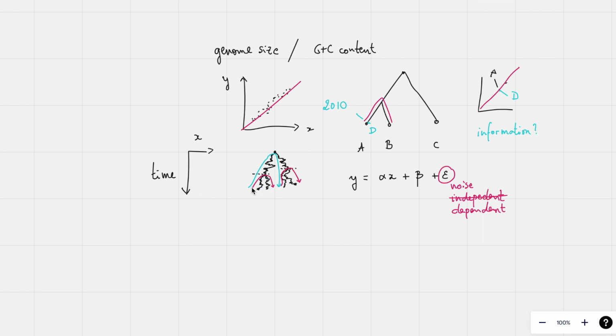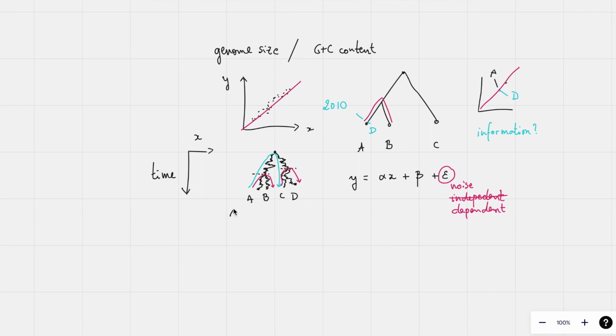And so if we focus on this picture here, we can see that we can make a sort of distance from all the species, A, B, C, and D, that depends on the amount of time that has passed between the divergence of the species.